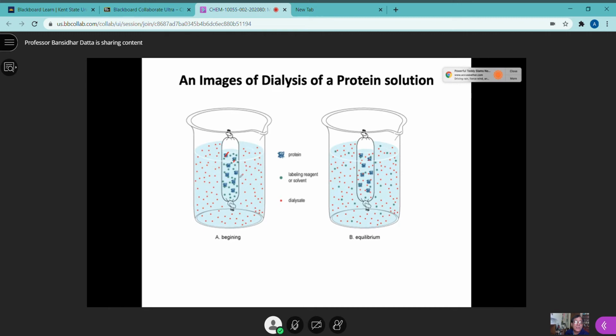So what will happen, they will go inside and this green one will come outside. That's basically the exchange. So this is at the beginning and the end. What will happen is those red dots, which are solvent particles, are coming in, and the green dots, which are inside, are coming out. So that's basically the exchange. And that's called dialysis.